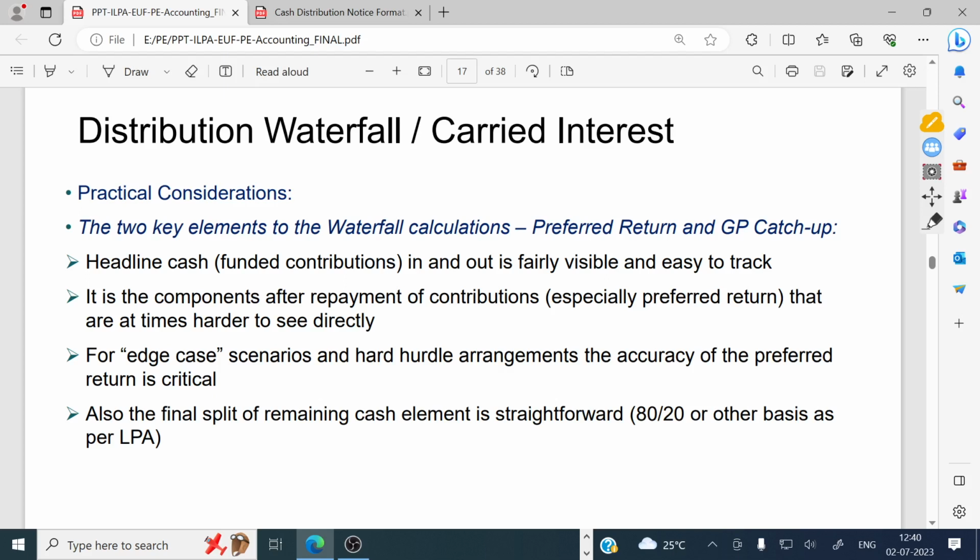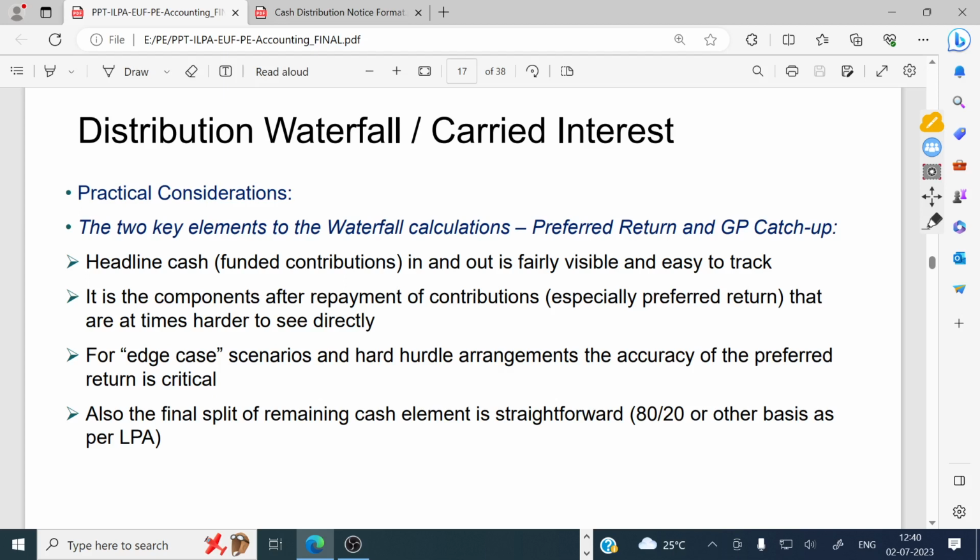Cash funded contribution in and out is fairly visible and easy to track. So in a practical approach, it's important to understand the funded contribution and unfunded, so accordingly you can calculate all of the benefits.